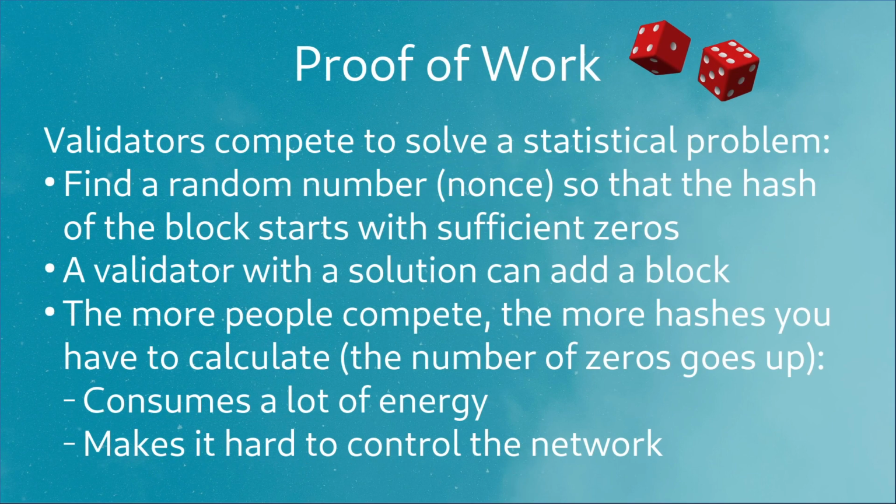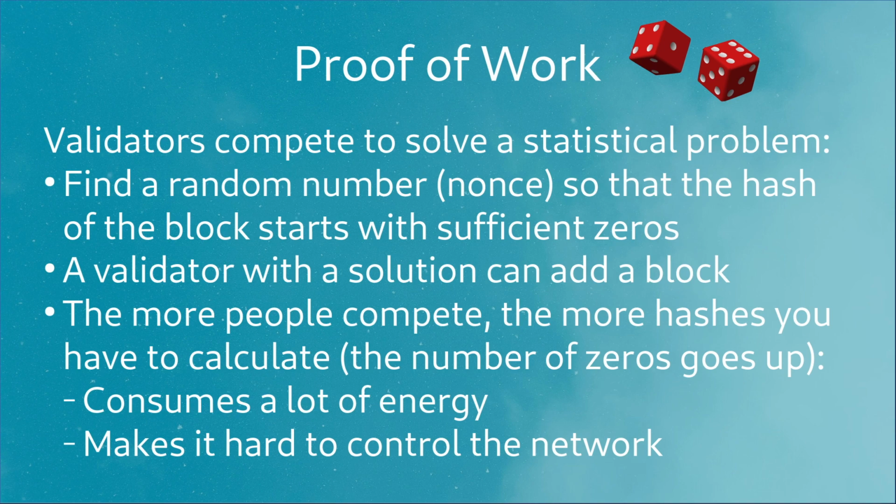In proof of work, validators compete to solve a statistical problem. This consists of finding a number, which is called a nonce, that is added to the block so that the hash of the block has certain properties. Typically, the hash of the block has to start with sufficient zeros.